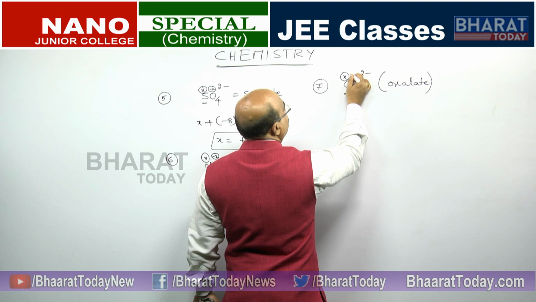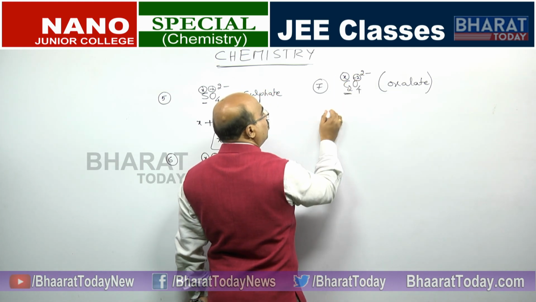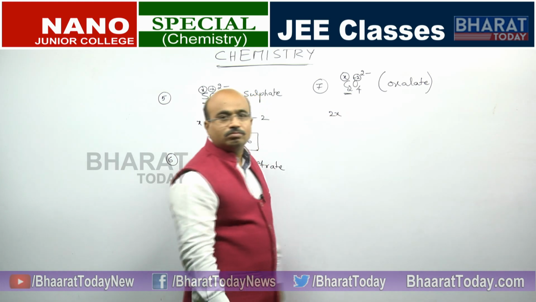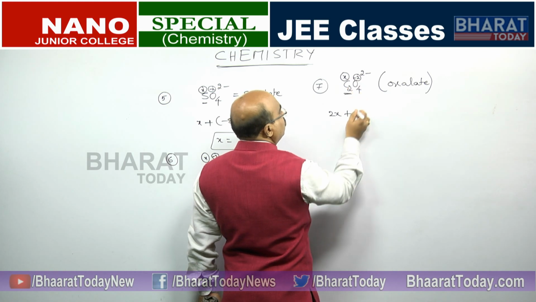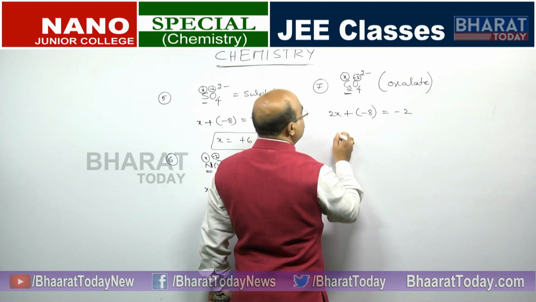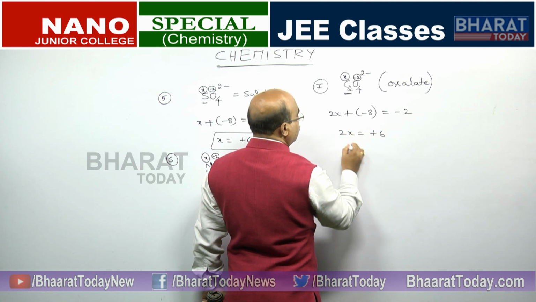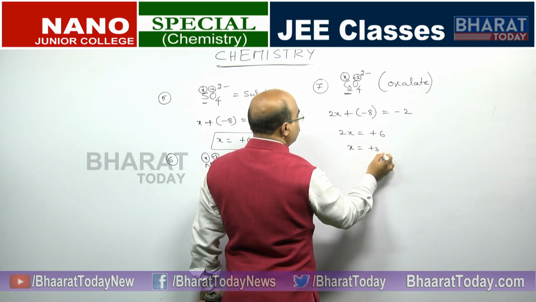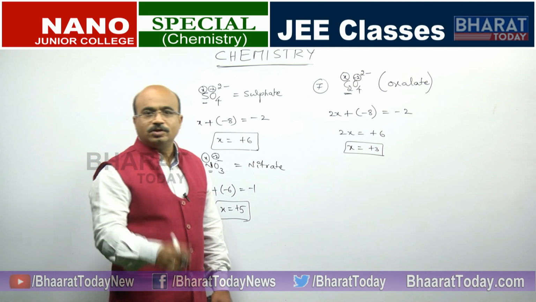Minus 2. So 2 into x, 2x, plus 4 into minus 2, minus 8, is equal to minus 2. Therefore 2x is equal to plus 6, x is equal to plus 3. Is it clear?